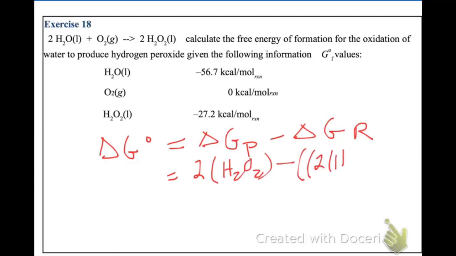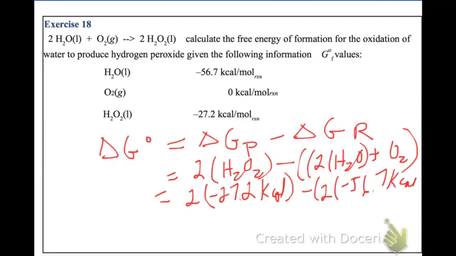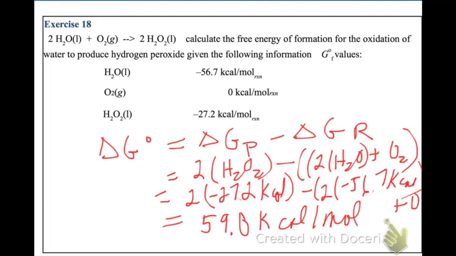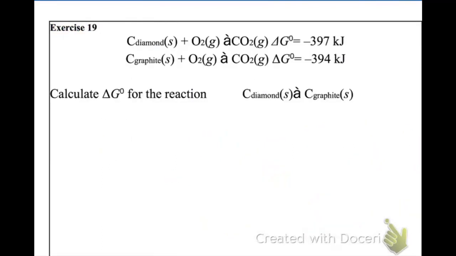So we're just going to take those values, and remember that the value for an element is 0, which is why oxygen's value is 0. If I plug the numbers in and do the calculations, I should get 59.0 kilocalories per mole.